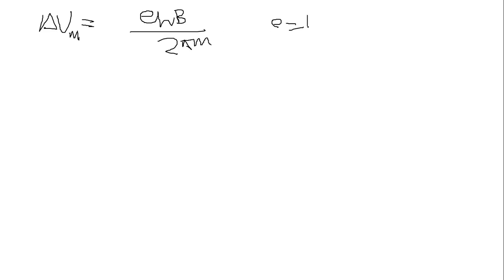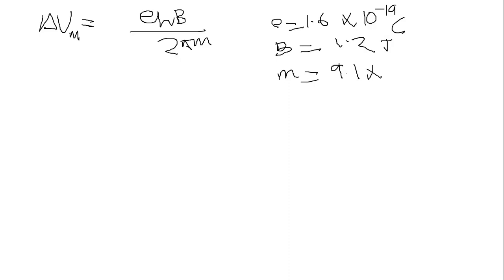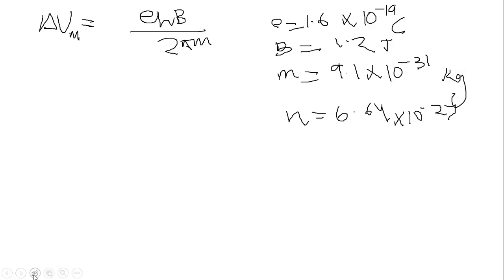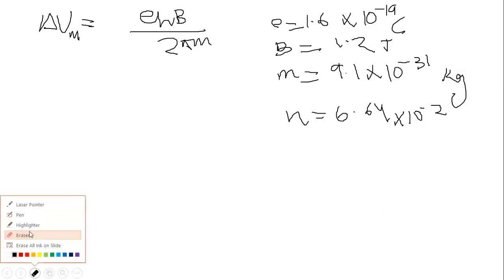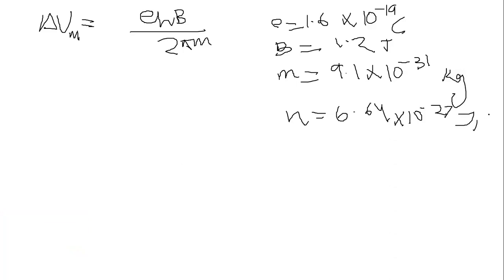If we put the value of E, which is 1.6 into 10 to the power minus 19 coulomb, and B is 1.2 Tesla, and mass of electron is 9.1 into 10 to the power minus 31 kg, and h is 6.64 into 10 to the power minus 27 joule second.